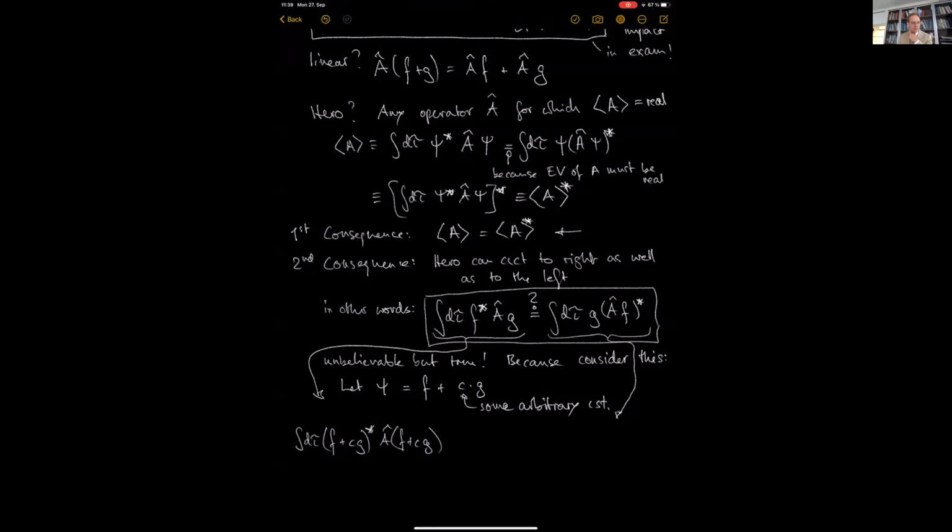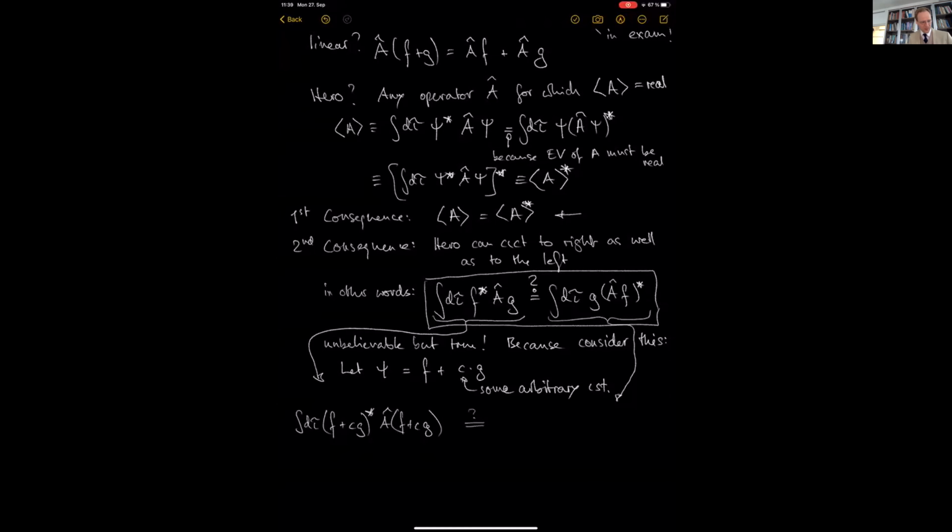Okay. And then this is supposed, question mark, to be equal to the right. So I keep this equation sign with the question mark just for your clarity. What's happening on the right? We have the same insertion, d tau, and now for g.